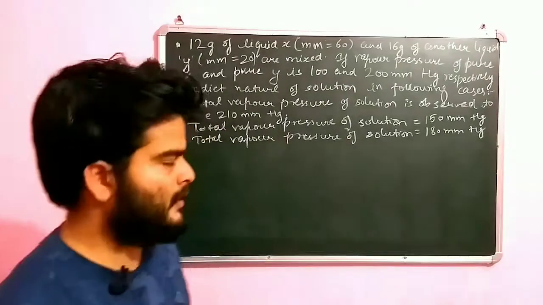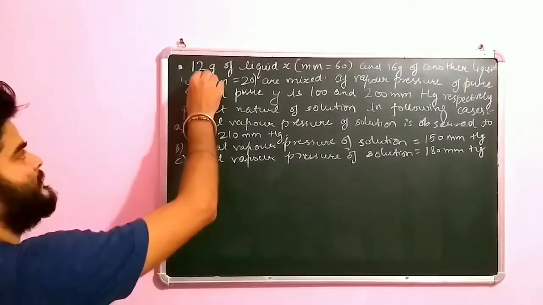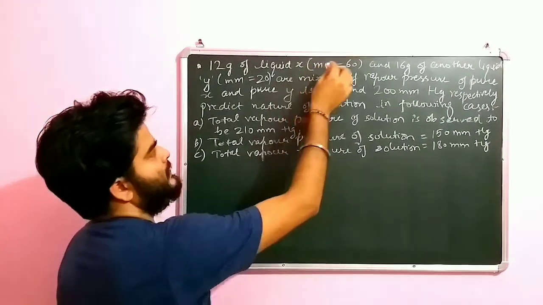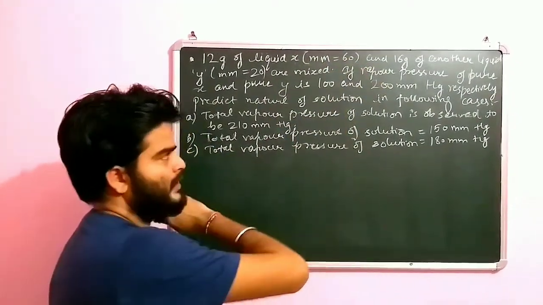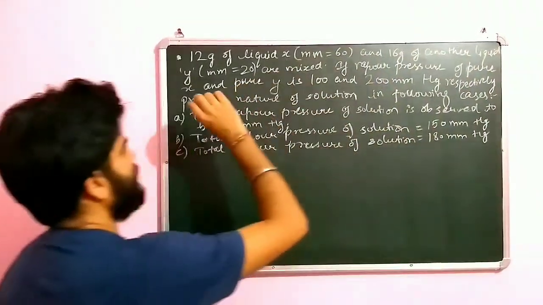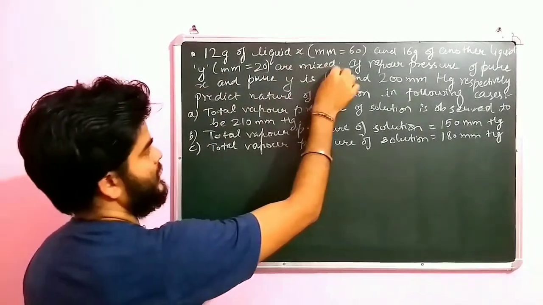Let's move on to our next numerical by reading the statement again. This is 12 gram of liquid X whose molecular mass is 60 and 16 gram of another liquid Y whose molecular mass is 20. These are mixed.